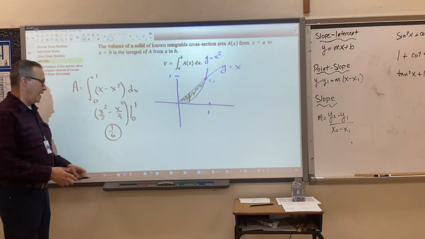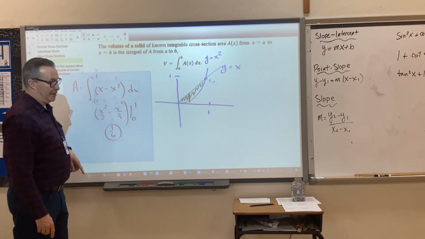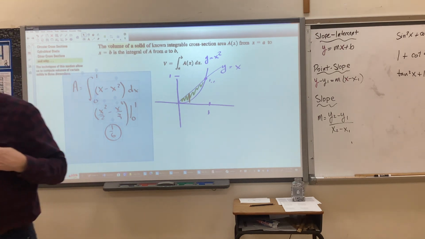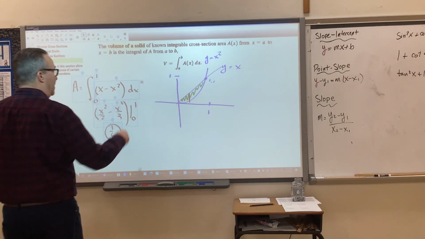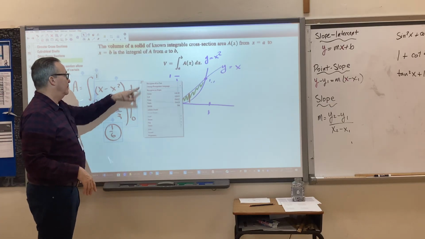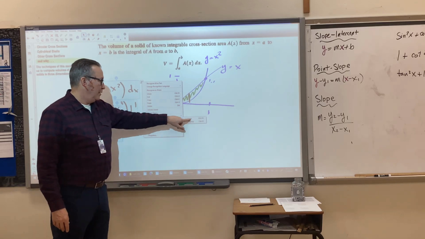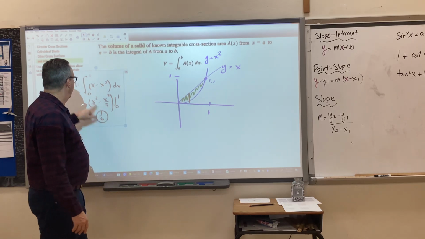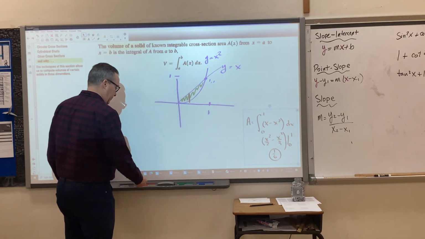Okay. We can use that same logic to find the volume of the solid generated when revolving this shaded area about any axis. But for now, since I'm just showing you how to do it, we'll go about the x-axis.